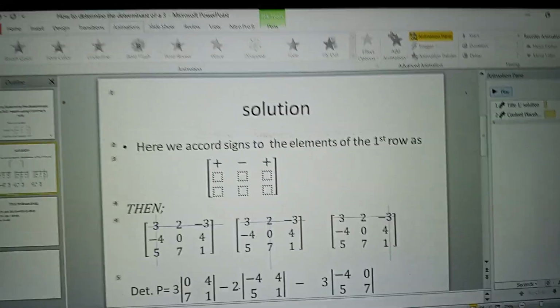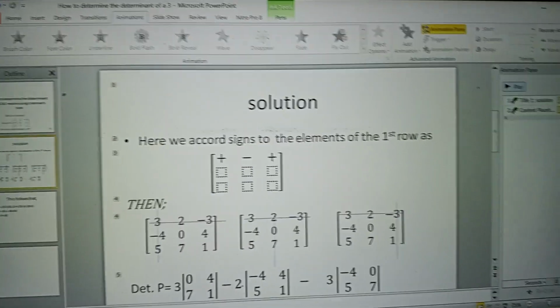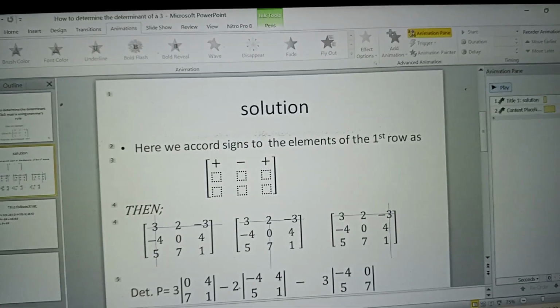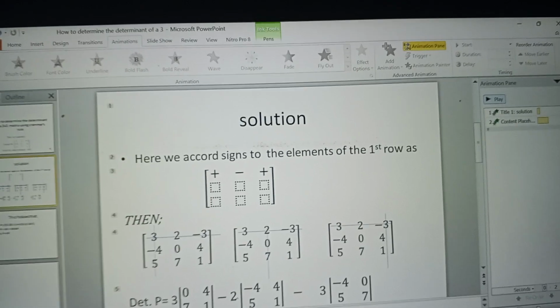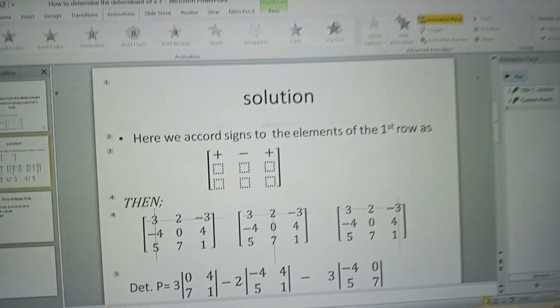But here we have a 3 by 3 matrix, meaning that we have 3 columns and 3 rows.